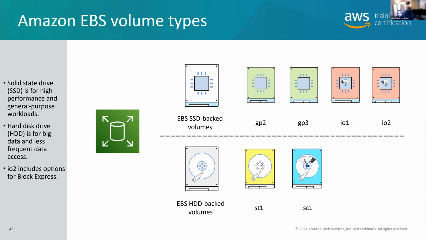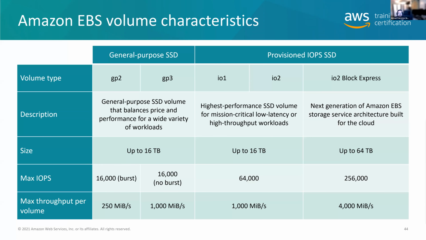IO volumes, by the way, have interesting characteristics. So you notice here that here is the whole mapping of all of these volumes can go up to 16 terabytes, except for Block Express, which goes to 64. Notice that general purpose solid state drives will go up to 16,000 IO per second, and that provisioned IOPS IO1 and 2 will cap out at 64,000.